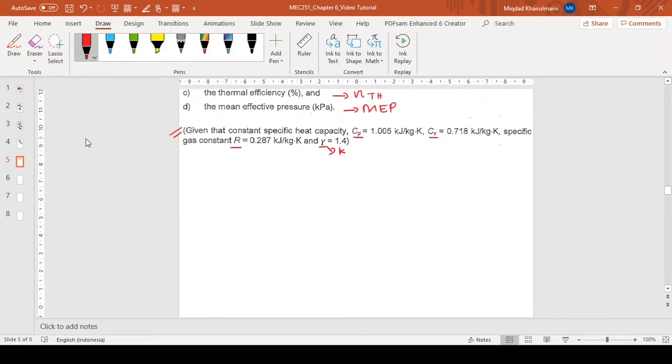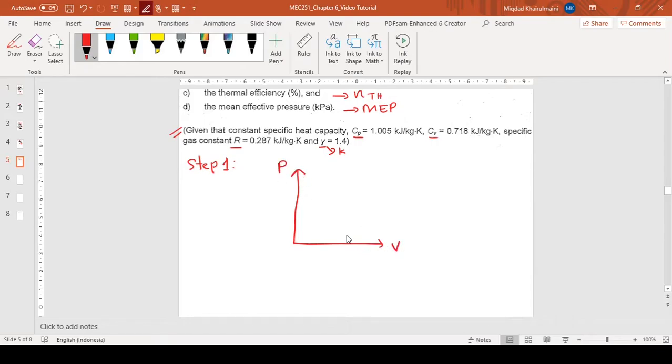So for step 1, if we do not want to draw the schematic diagram, we can always draw the PV diagram for the diesel cycle. Okay, so we have here the PV axis.